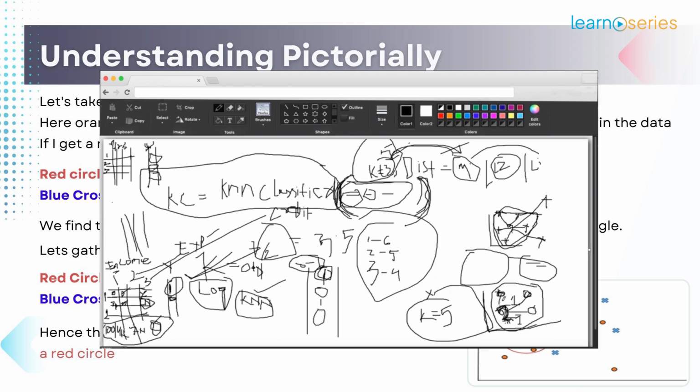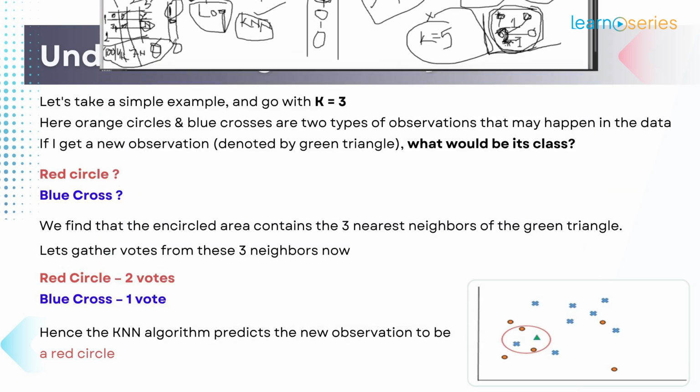With the distances you have given, it will check and identify the 5 data points. If you see here, what is the majority? 3 zeros and 2 ones, then the majority is 0. That means you are predicting this person will not repay.